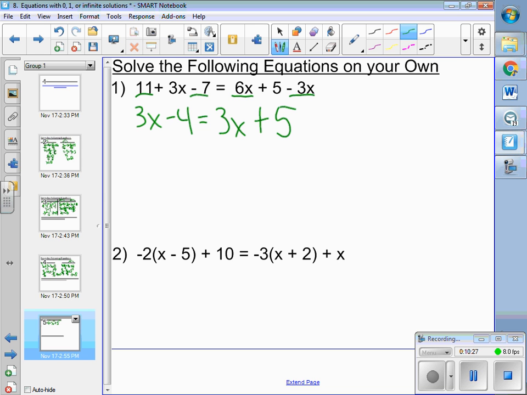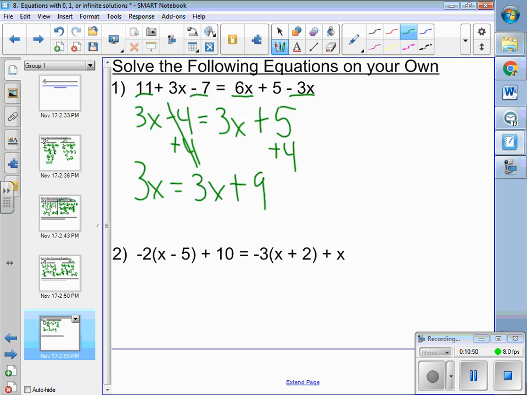So see, I did some simplifying right off the bat, just to kind of make my equation easier. So now I'm going to do the constant terms. So I'm going to add 4 over here, add 4 here. This cancels. So we're left with 3x equals 3x plus 9.